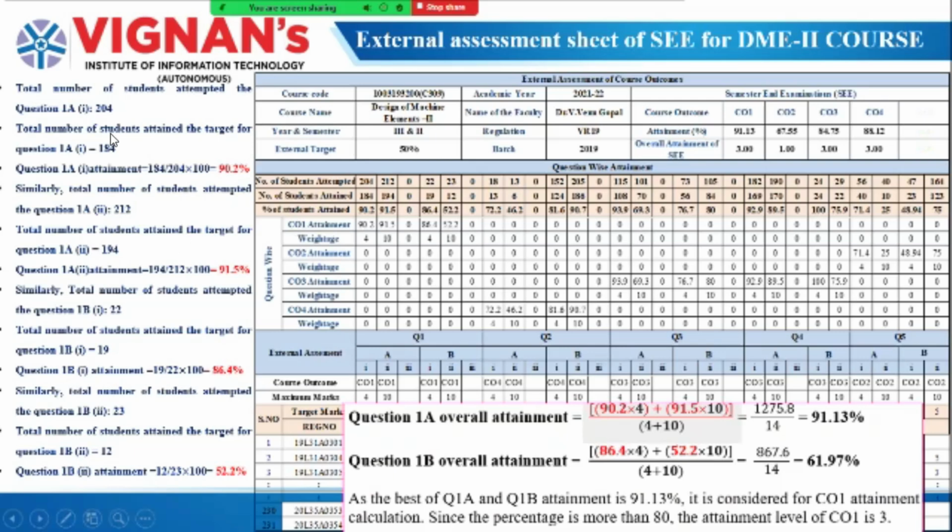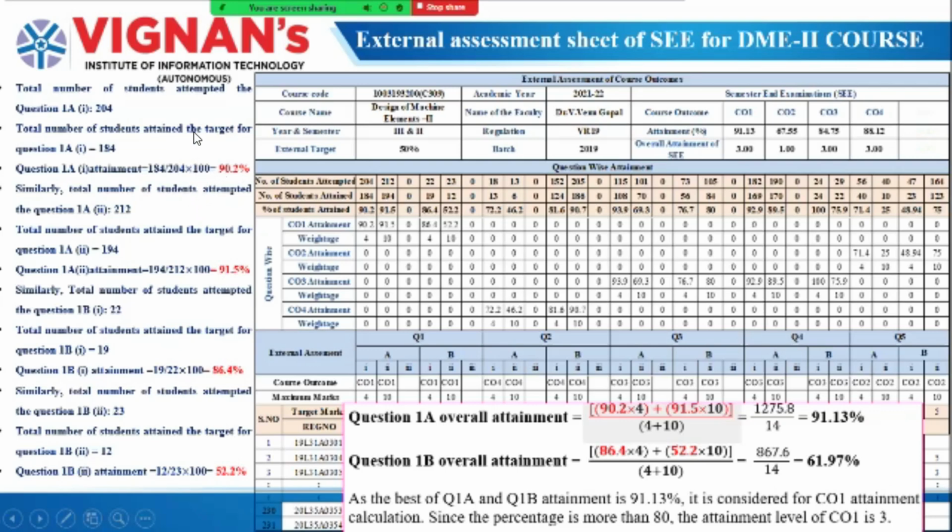So here also, for question 1A, the number of attempted students is 204 and attained are 184. The percentage is 90.2. So the weightage is 4 marks. So 90.2 into 4 plus, under CO you are calculating for CO1, right? So CO1 covers question 1A first bit and question 1A second bit.